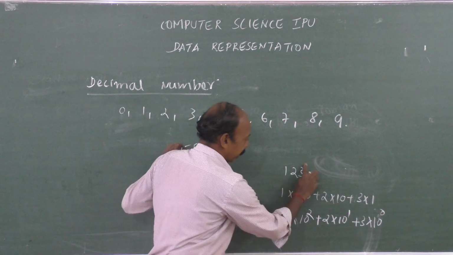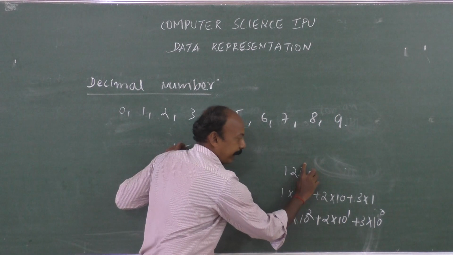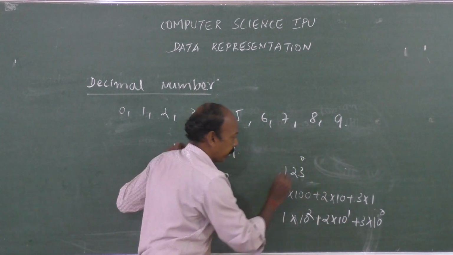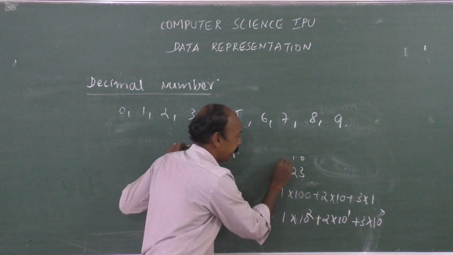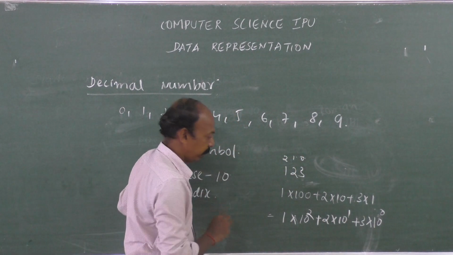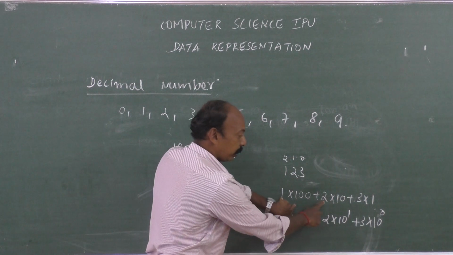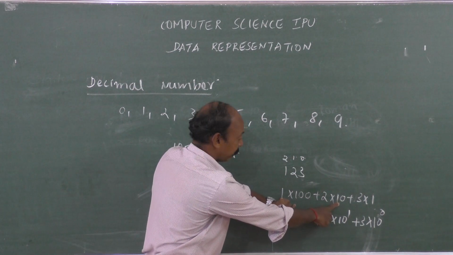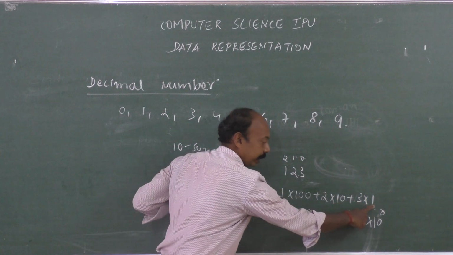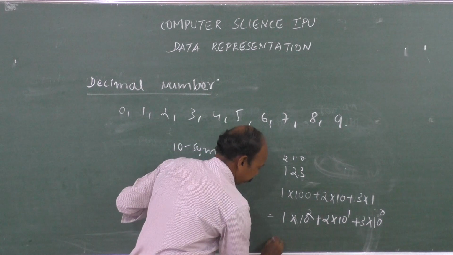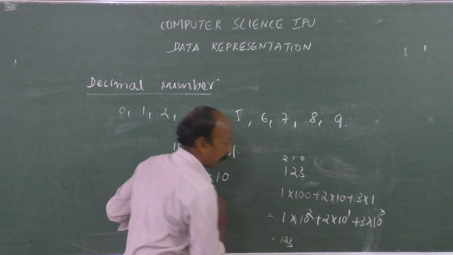Here the weight of 10 is 0 here, 1 here, and 2 here. So 1 into 100 is 100, plus 2 into 10 is 20, plus 3 into 1 is 3, so 123.